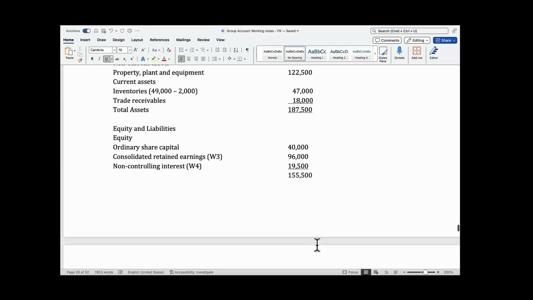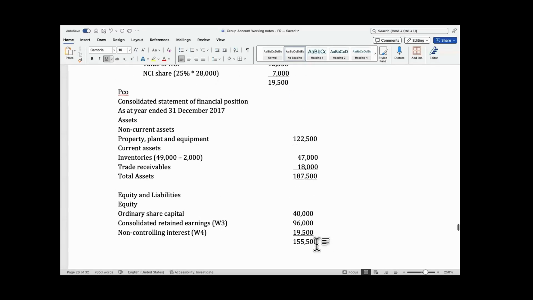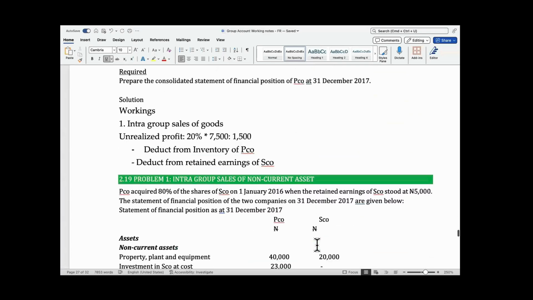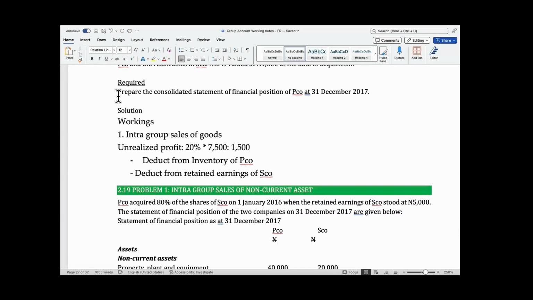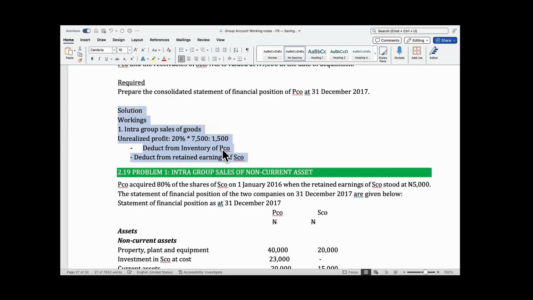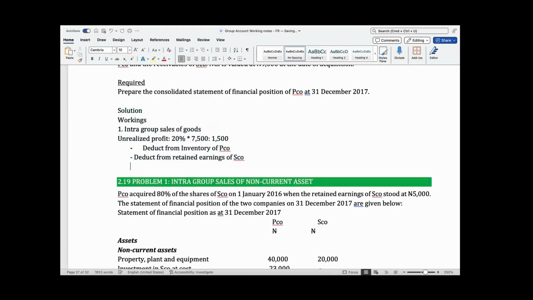Yes. Okay, so this one now, don't let us forget to treat it in the two. That's for the intragroup sales.